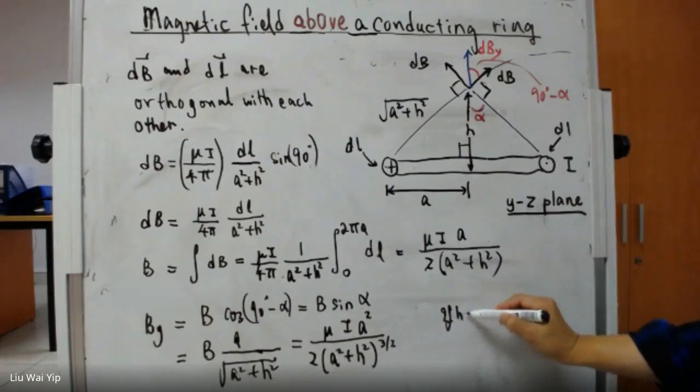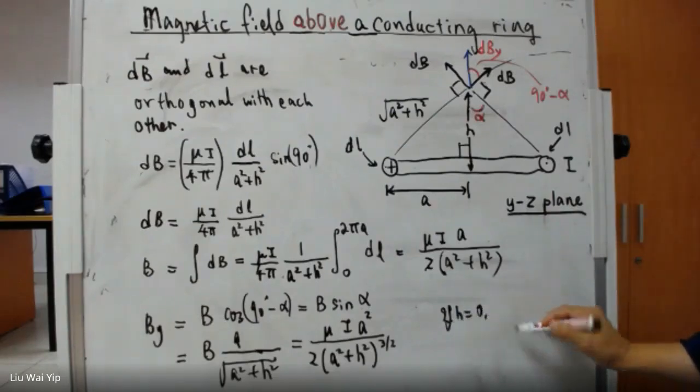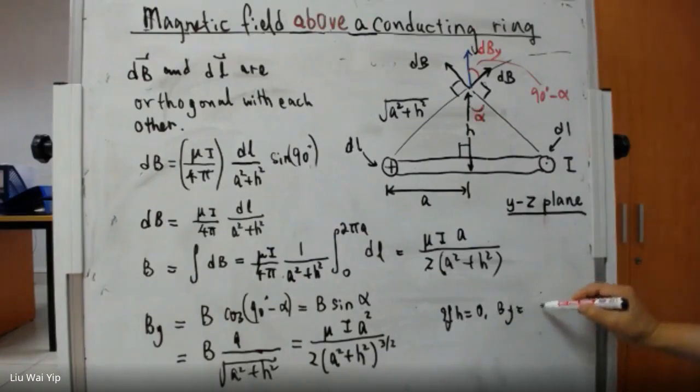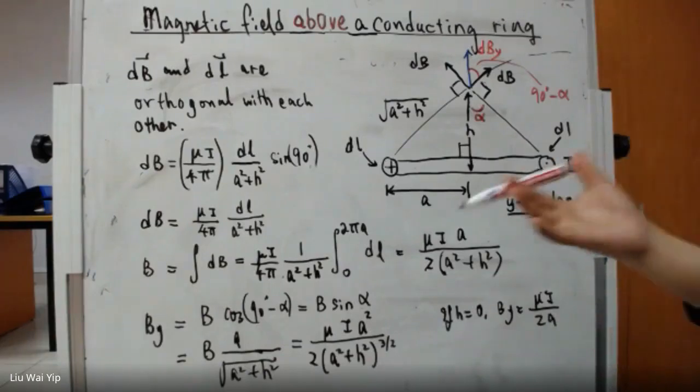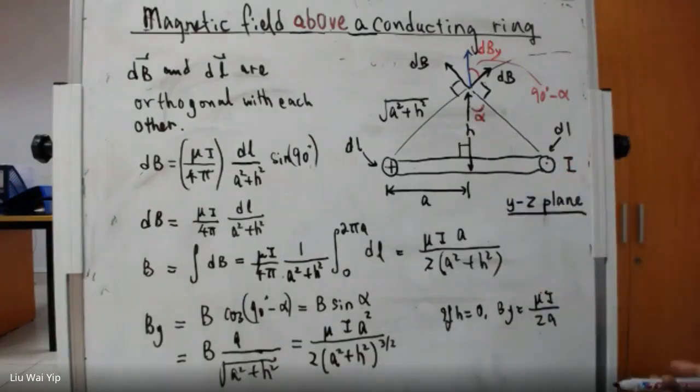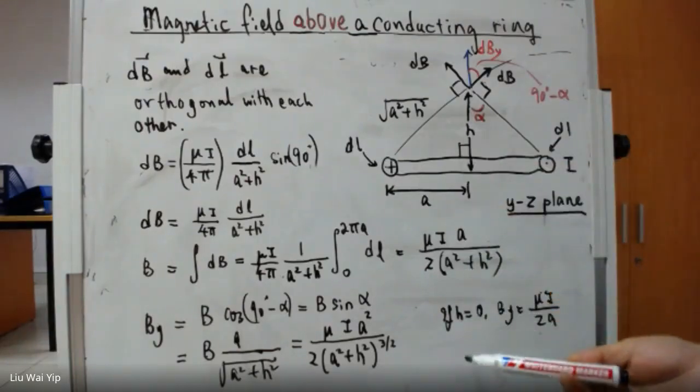If x is 0, then the magnetic field By will be equal to mu I divided by 2a, which is exactly the same as the answer we got from the previous video.